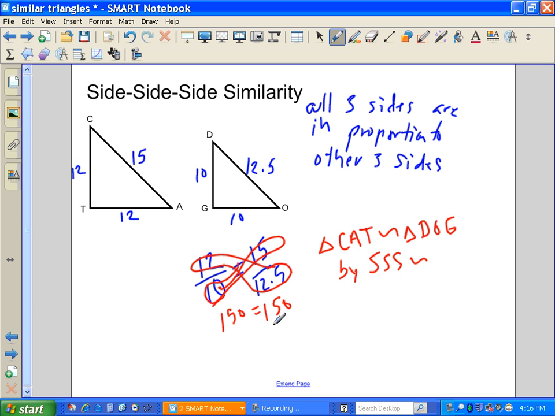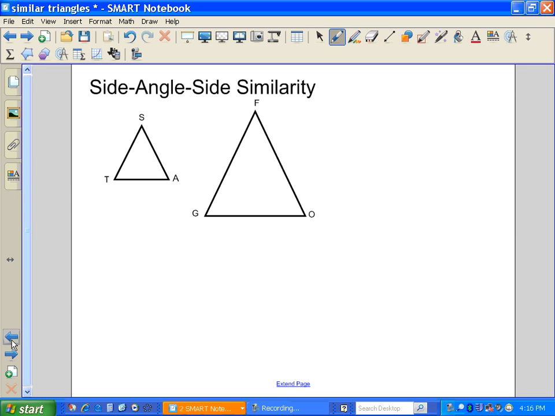Let's check the next page. The next rule we'll look at is side angle side similarity. This rule, in order to apply it, requires us to have two sides in proportion and one angle congruent.